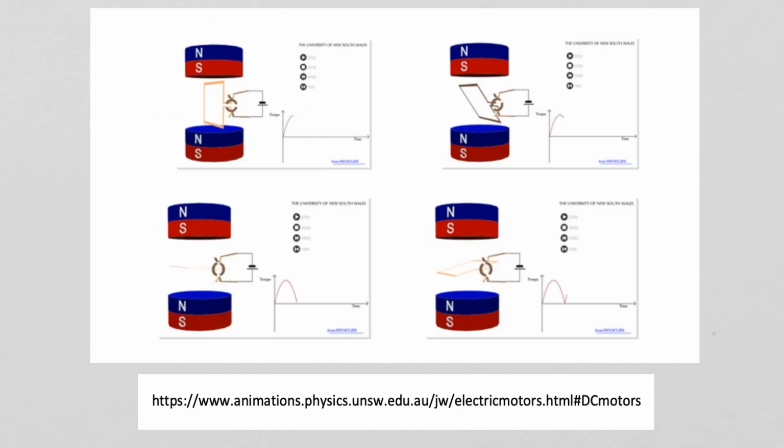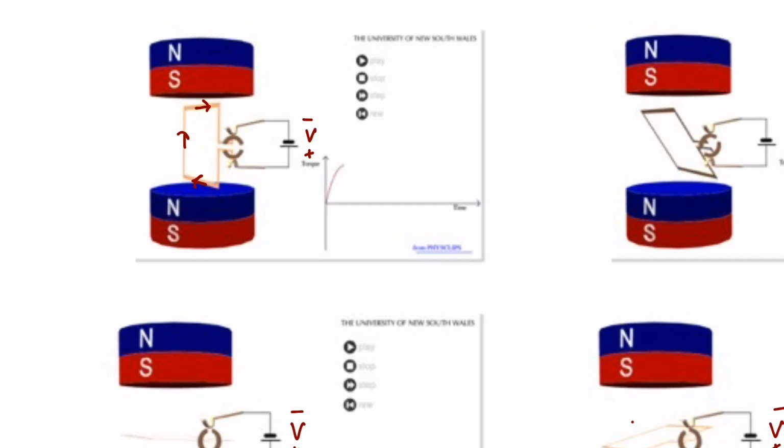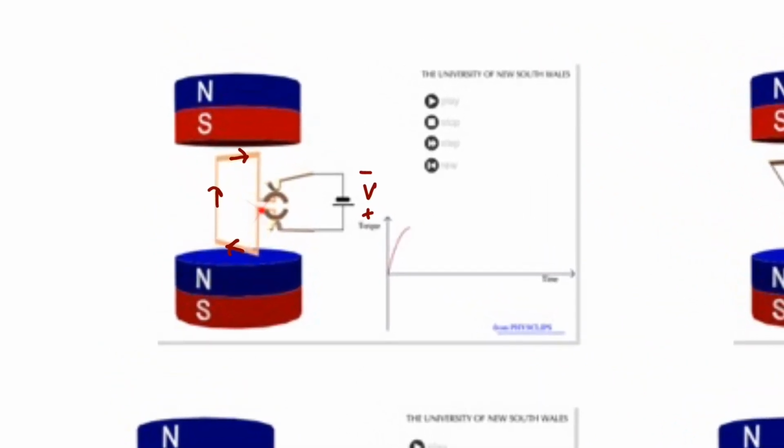Here are some screenshots at different points in the animation. So let's start in the upper left. So the current is flowing around the rectangular loop as shown. So putting your right fingers in the direction of this current flow, your right thumb points in the direction of this arrow here, so that's the direction of the magnetic dipole moment.